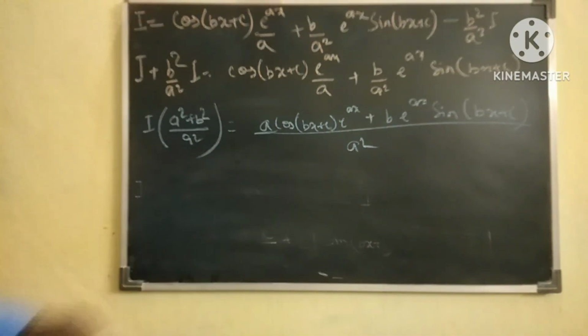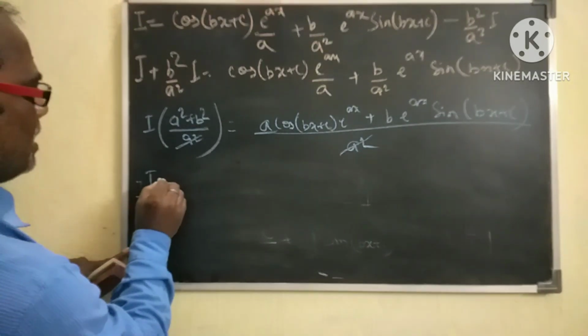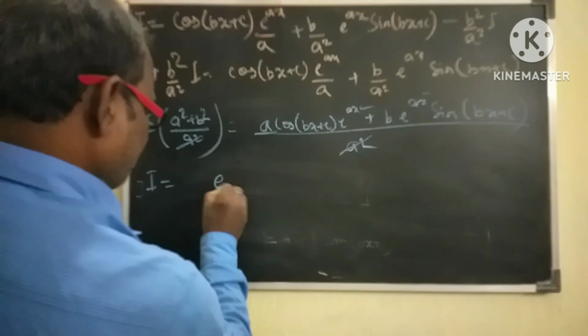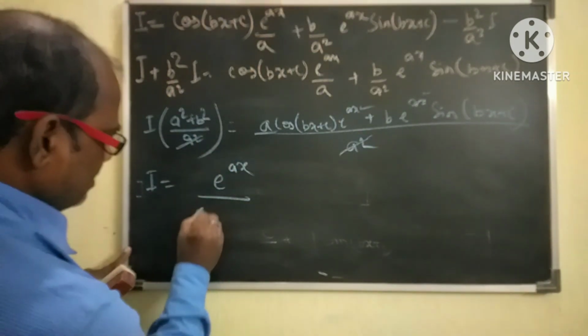Now from here this gets cancelled off. We get I equals, taking e^(ax) as common, this becomes a division.